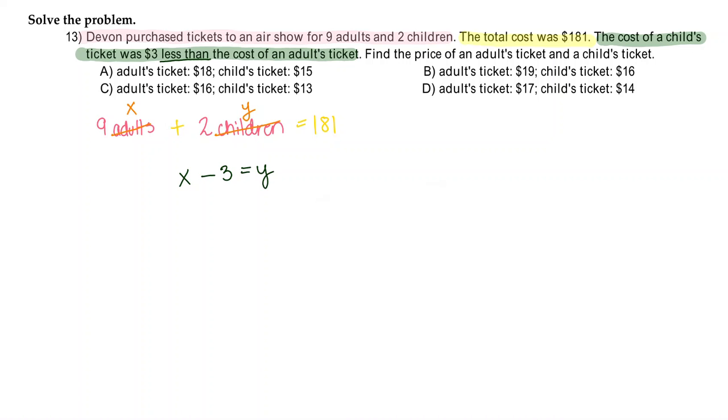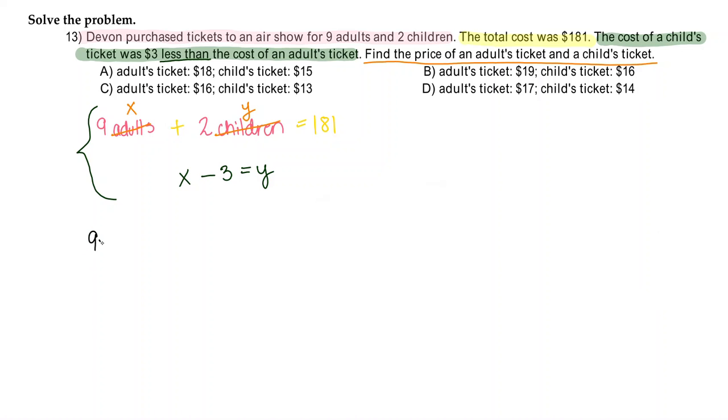Now the question asks us to find the price of an adult's ticket and a child's ticket. All right, well, based on the fact that we've dissected each sentence individually and then put it all together, we can easily see that we have 2 separate equations here. So we actually have a system. Okay, so I'm going to write this out again so that it's much easier to see without the scribbles.